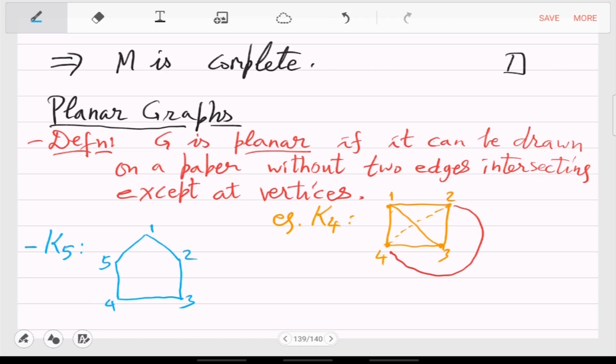So let's draw this. This is fine. So I have drawn 2 more. 3 remain, right? Can you draw them? Without intersecting, you can draw like this. And what else? This.